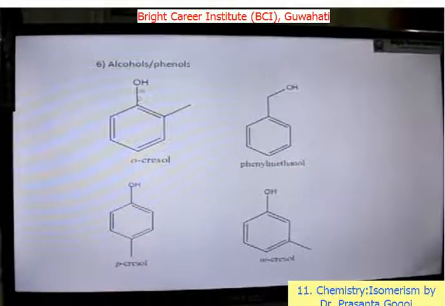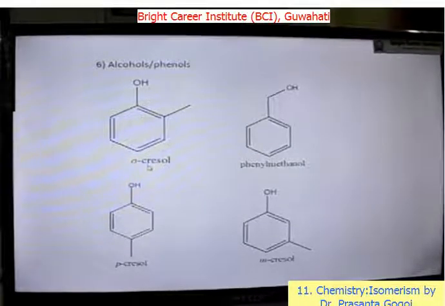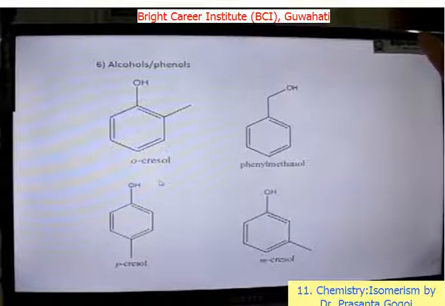So these must have some position isomers or maybe chain isomers. Let us check whether it is a position isomer or chain isomer. Let us check the page number here also: 1, 2, 3, 4, 5, 6. This page number is 6, 1. Here also the page number is 6, 1.